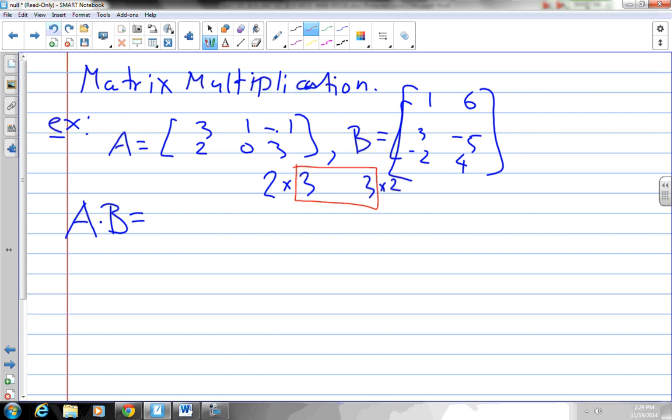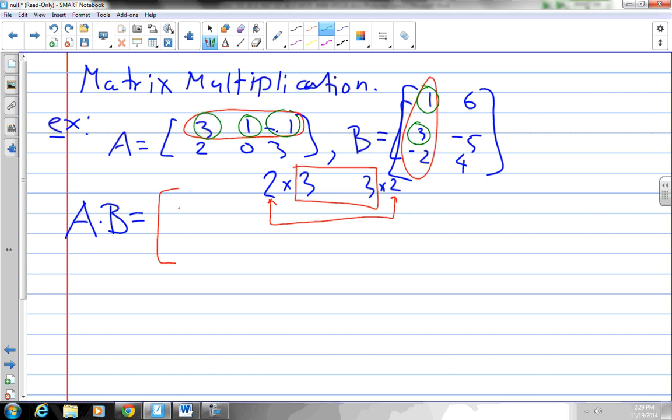The size of the answer is going to be this. We're going to end up with a 2 by 2 matrix when we multiply it like that. And the way we do that, this first entry is going to be the product of the first row with the first column. What I mean by that, we're going to multiply first number with the first number, second number with the second number, third number with the third number, and add those products.